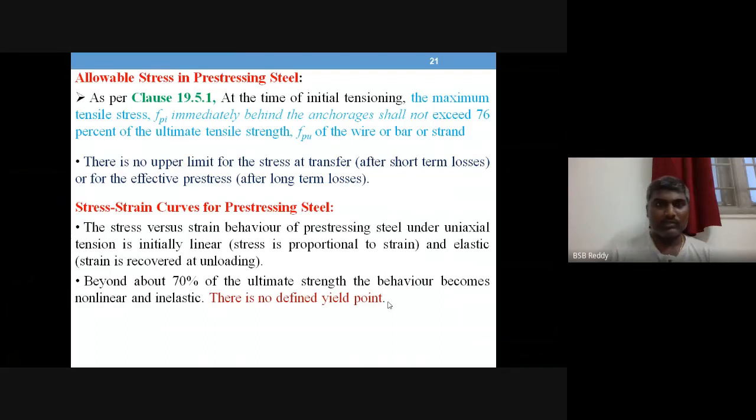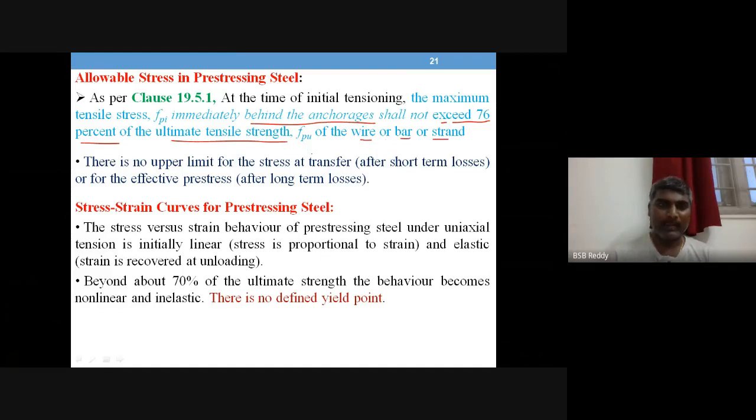So we have talked about clause 19.5.1, which tells about allowable stresses in pre-stressing steel, and you shall note that the maximum tensile stress immediately behind the anchorages shall not exceed 76% of its ultimate tensile strength of either wire or bar or strand.